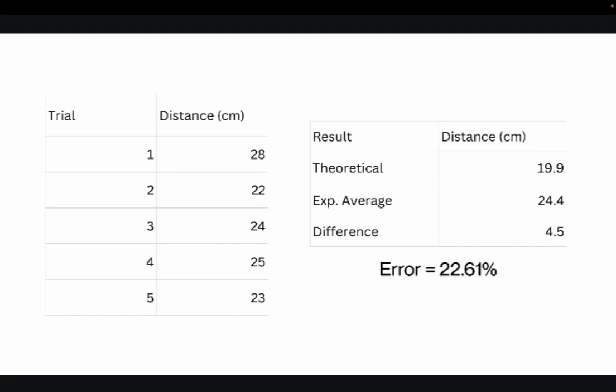So the experimental result exceeded the theoretical prediction by approximately 4.5 centimeters, corresponding to a difference of about 22.61%. So the experimental landing distance was larger than the value predicted by classical projectile motion.